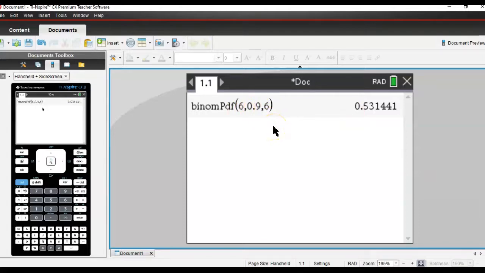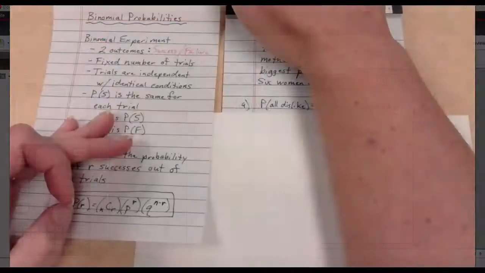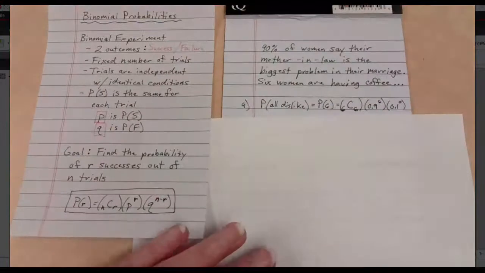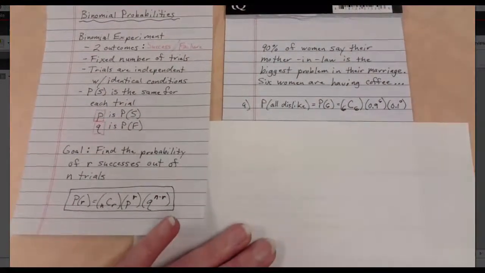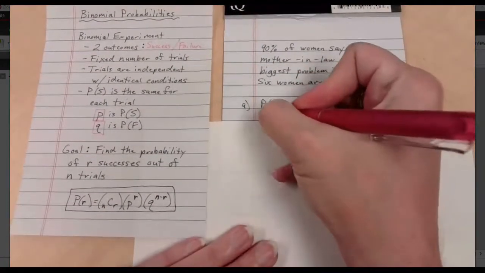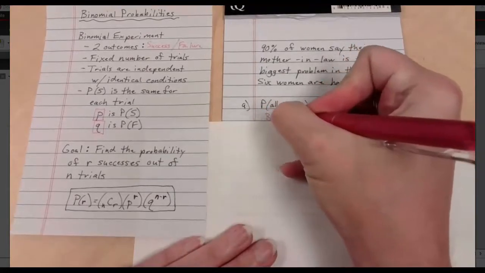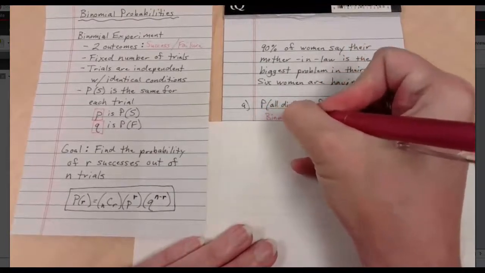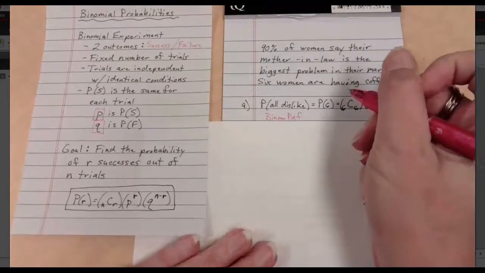All right, so I'm going to switch my screens back again, just so we can take a look at this from a writing perspective, because this is actually going to be very important. We just said that we ran a binomPDF in the calculator.